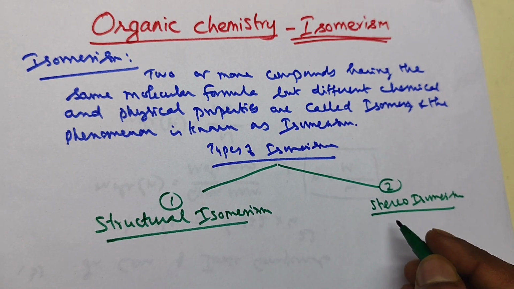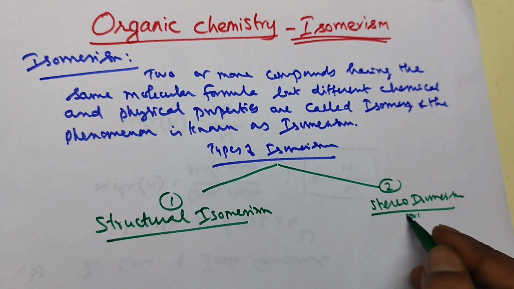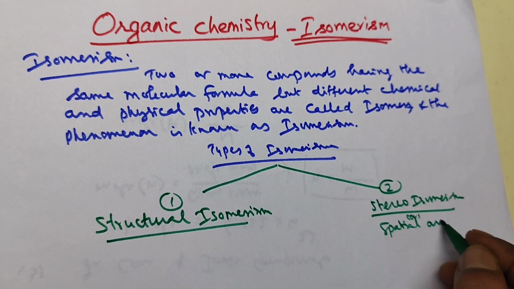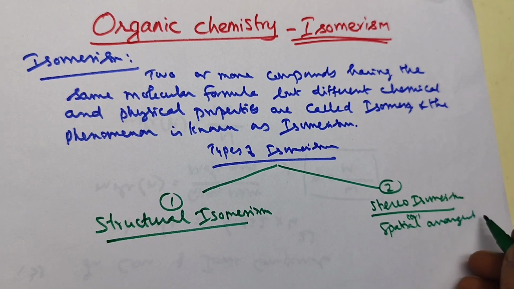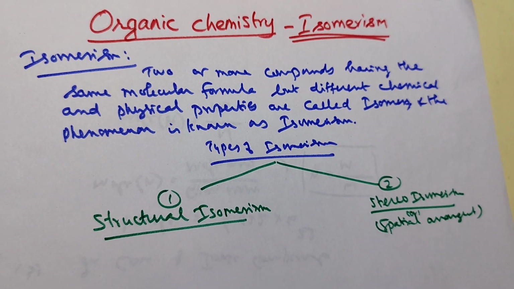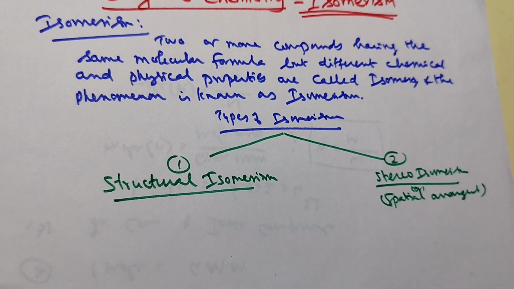What is stereoisomerism? Stereo means the arrangement of atoms in space, or the spatial arrangement of atoms. Among structural isomerism and stereoisomerism, we have many different kinds of isomerism.